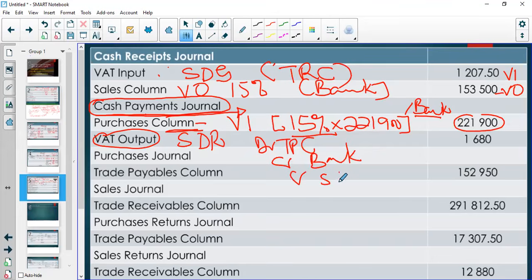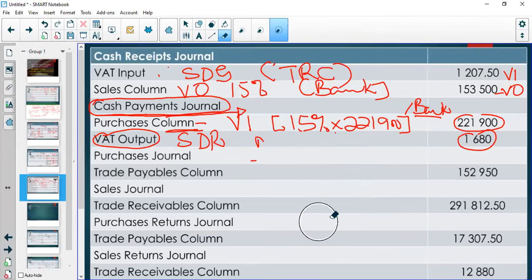Then we credit settlement discount received. We credit VAT output. So if you go to your VAT output and you make an entry of 1680 on the credit side, the description will be trade payables control, right? Because that's the account that we debited, right? I hope that does make sense to you.